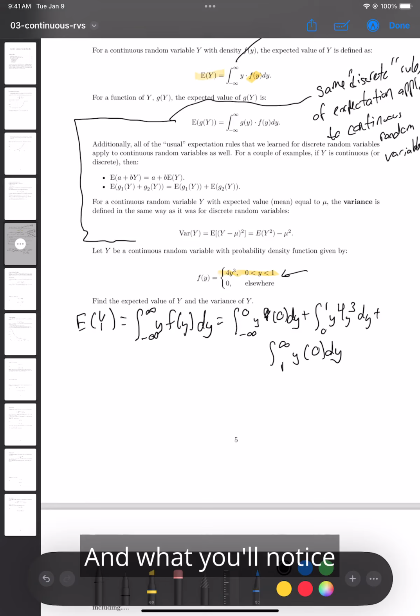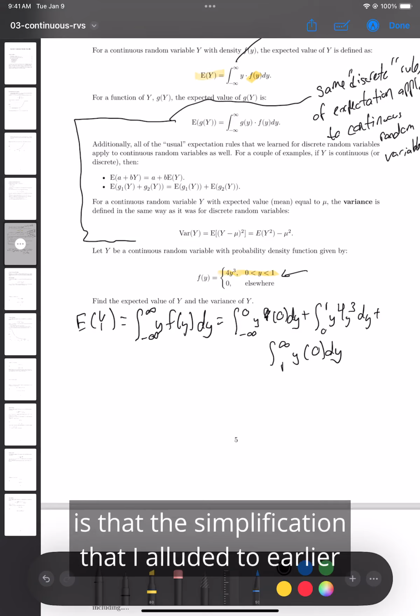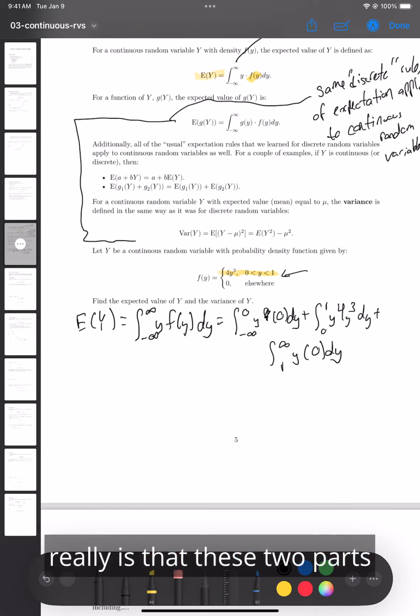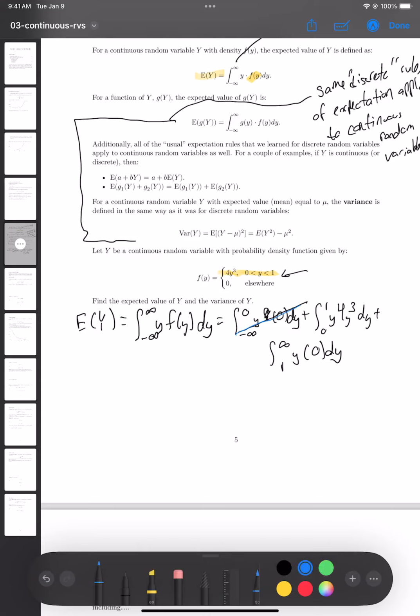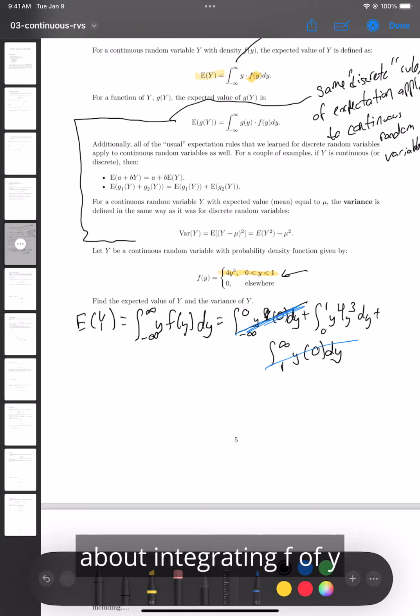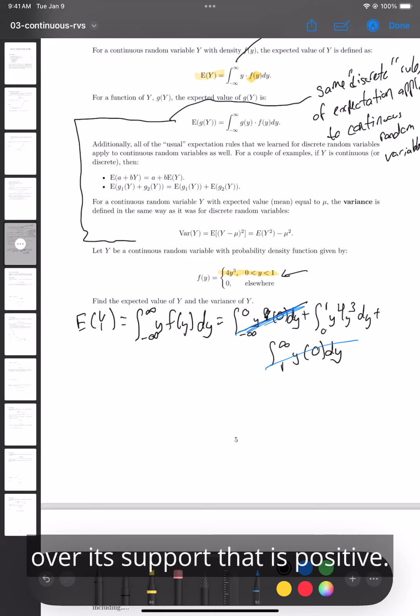And what you'll notice is that the simplification I alluded to earlier is that these two parts drop out. So we really only have to worry about integrating f of y over its support that is positive.